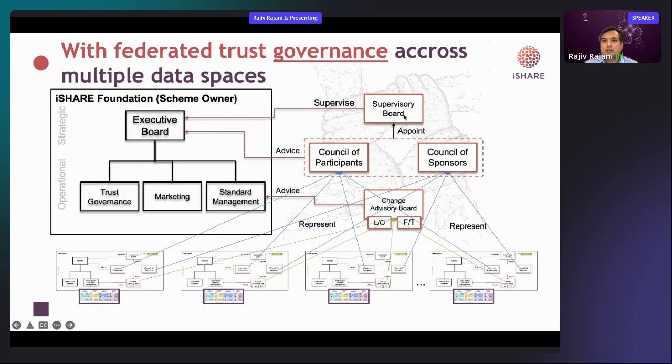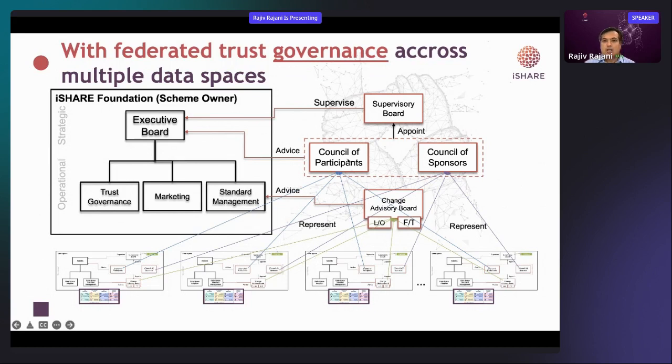Together they appoint the members of the supervisory board, who in turn supervise us. But they not only do that, they also advise us on strategic matters, in terms of how they see their business going, and how the iShare framework can be made more relevant to them. So we take advice from them, and bring additional changes to the framework or the standard based on that.